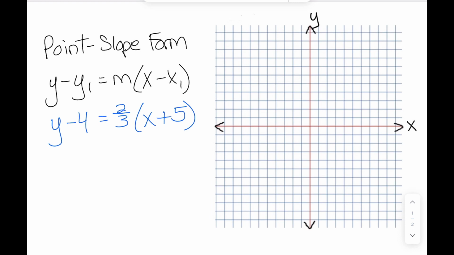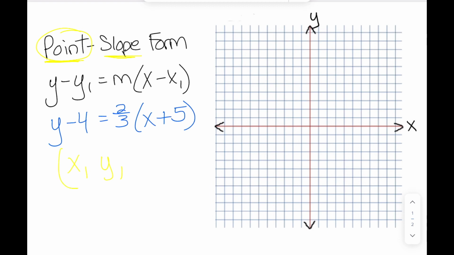All right, let's talk about point-slope form. When we're looking at point-slope form, the equation is going to give us a point, and that point is going to be x1, y1.